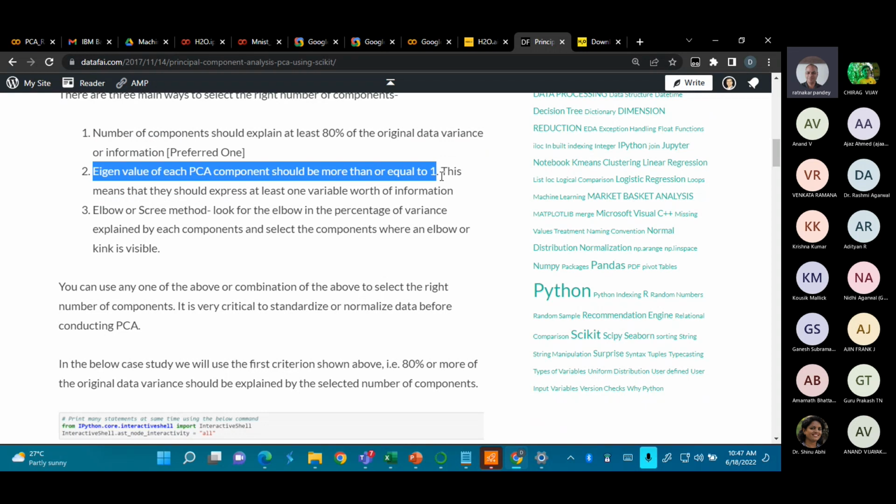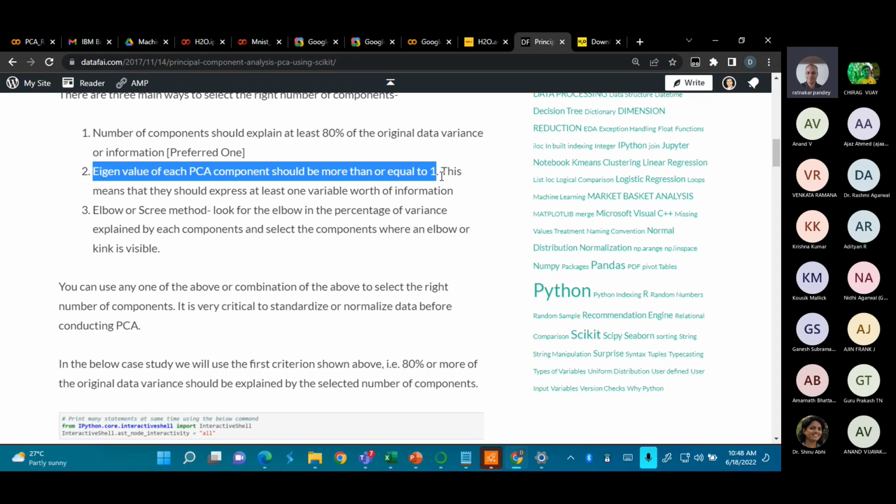What is an eigenvalue? Eigenvalue is related to the concept of the covariance matrix that we've computed. In plain English, you can assume that eigenvalue denotes how many variables worth of explaining power each component has.